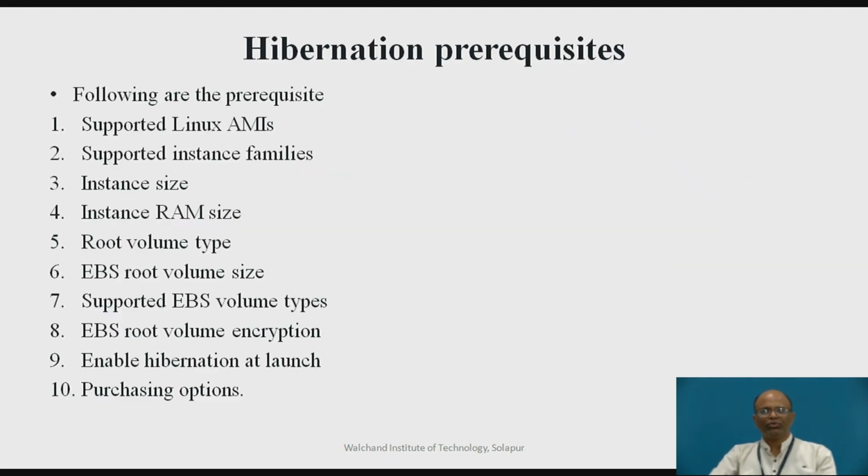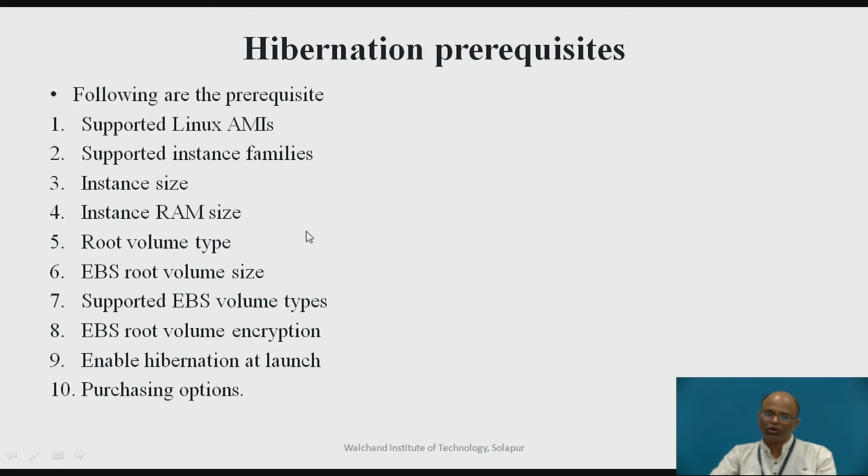There are prerequisites that need to be understood for how you can make your EC2 instances available for hibernation. So the following 10 points are crucial. You need to take care about which Linux AMIs you use, which supported instance families you use, what the instance size is, what the maximum RAM size you can use for hibernation is, and what root volume type you need to have.